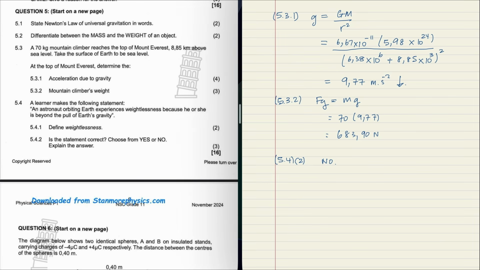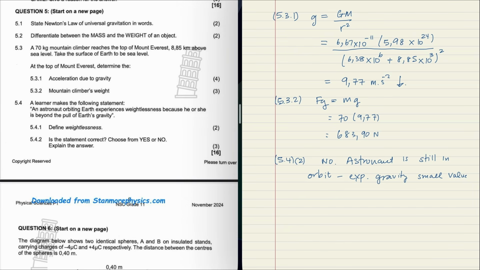So the astronaut is firstly still in orbit. And because they are in orbit, they're going to experience gravity, albeit a very small value.